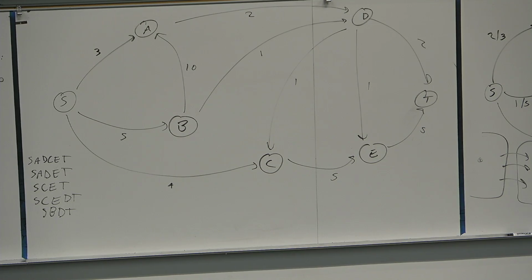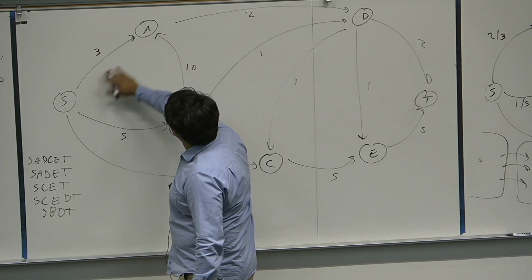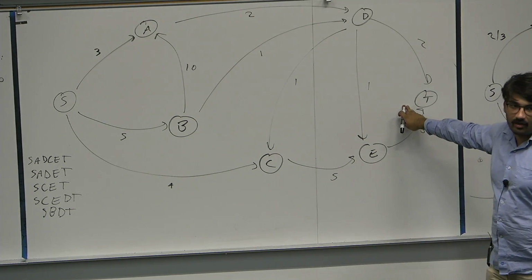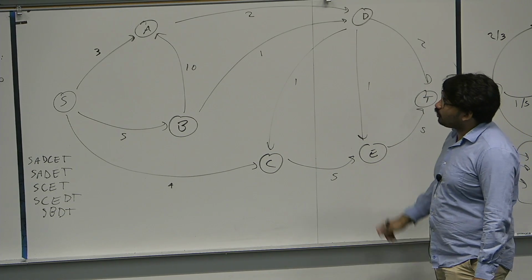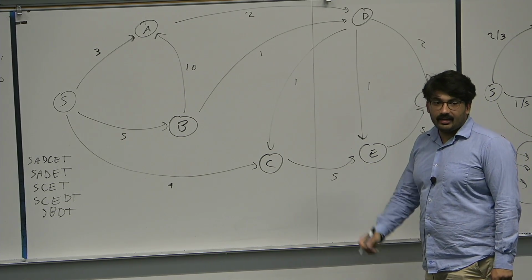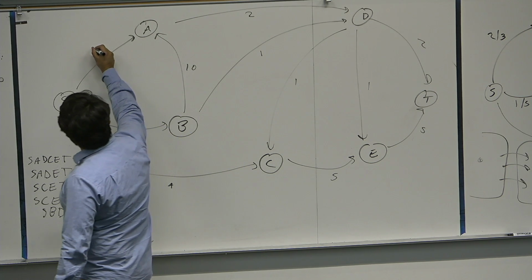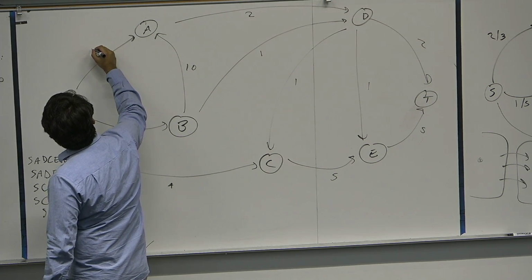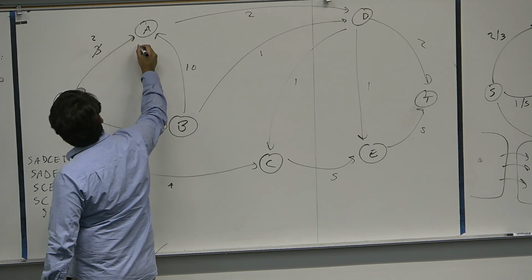So let the first path be S, A, D, E, T, right? So we go S to A to D to E to T. What is the bottleneck of that path? 1. So we are going to assign a flow of 1 and insert backwards edges of 1, right? So this is going to be 1. This 3 becomes what? 2, and we send a backwards edge of 1.